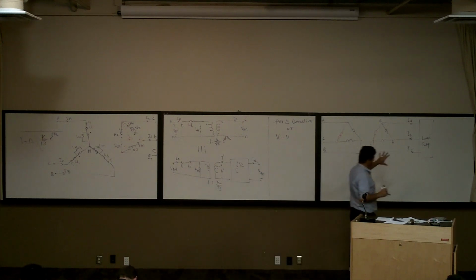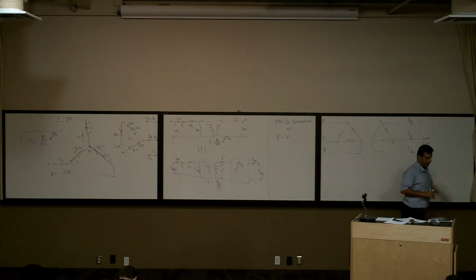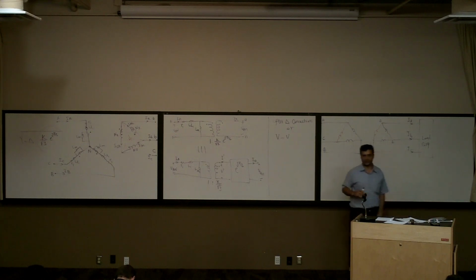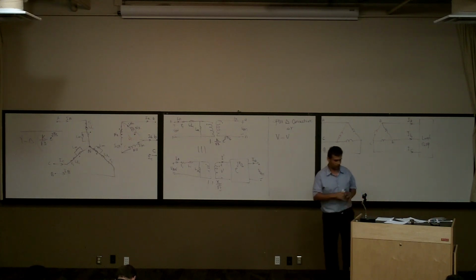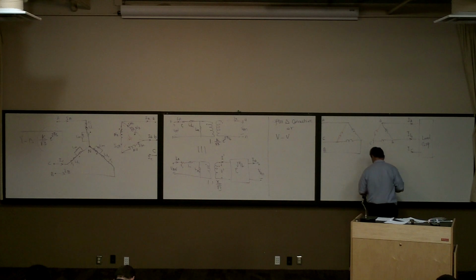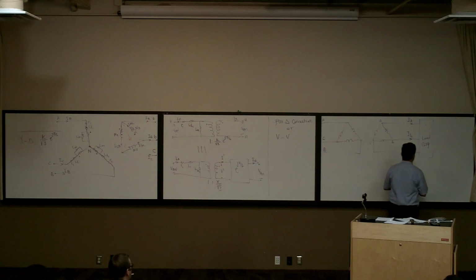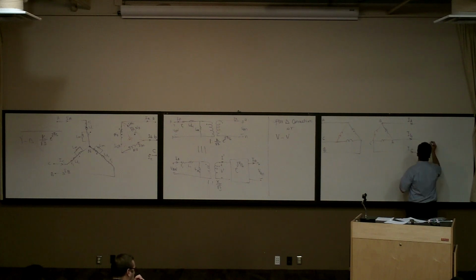I'm going to replace this load to make it easier for you guys. I'm going to replace this load with a star connection of this load. So I have a load here, like this.